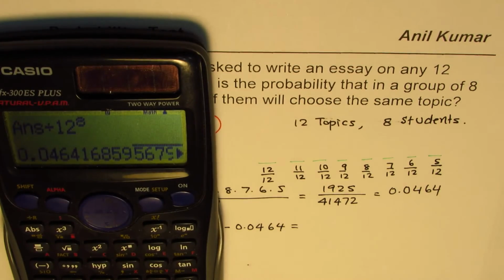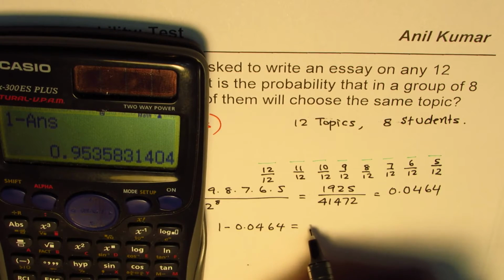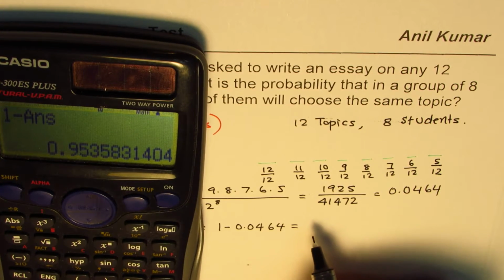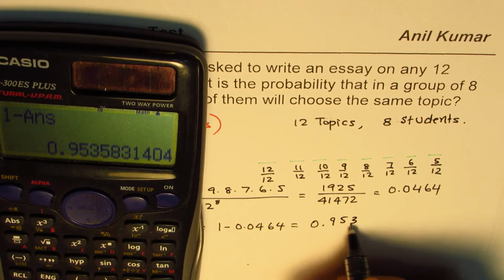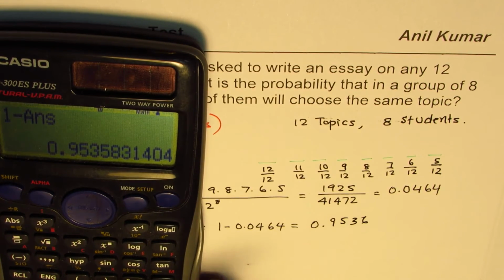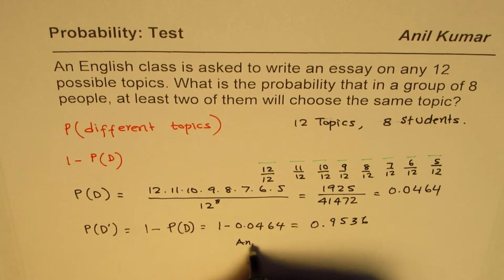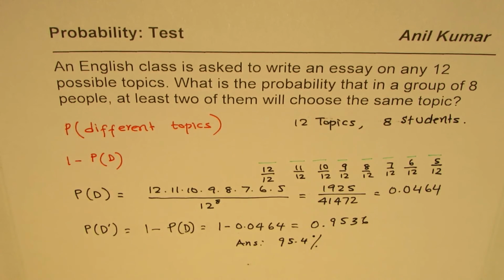So it is 1 minus the answer, and that is equal to 0.9536. So the probability of students choosing the same topic is very high, around 95.4%. You see that is very high.